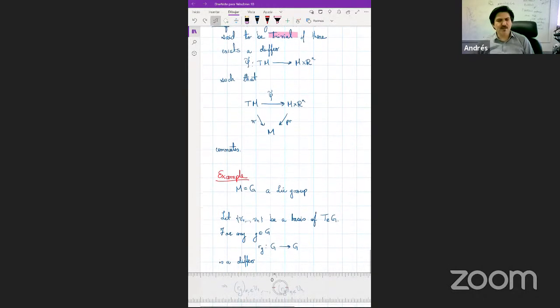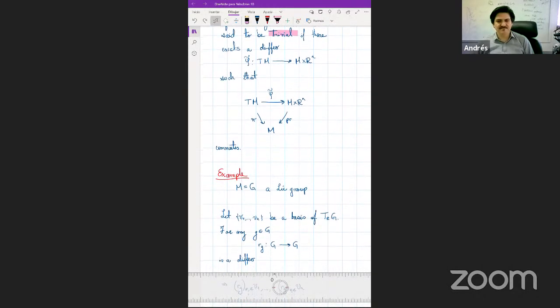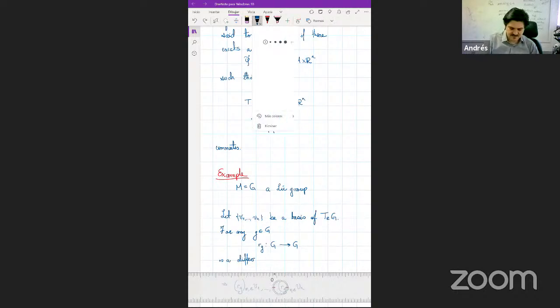Do you remember that this is a diffeomorphism? We saw that this is a diffeomorphism, even the inverse is this map.